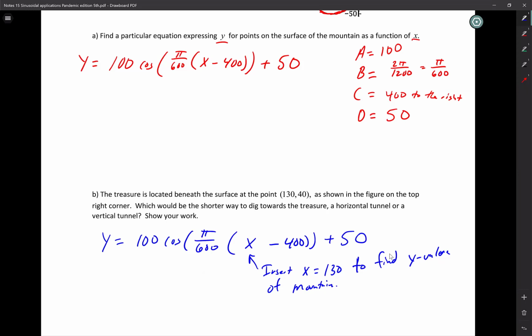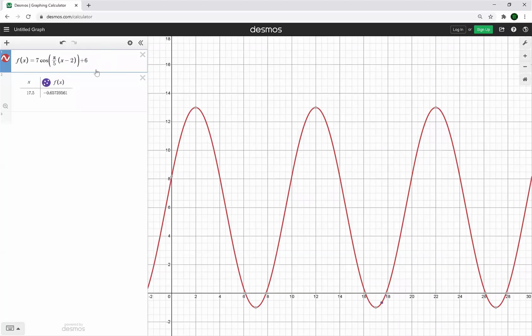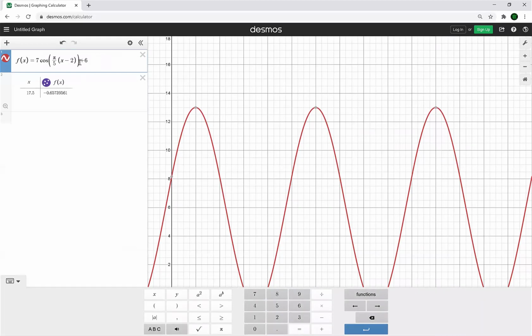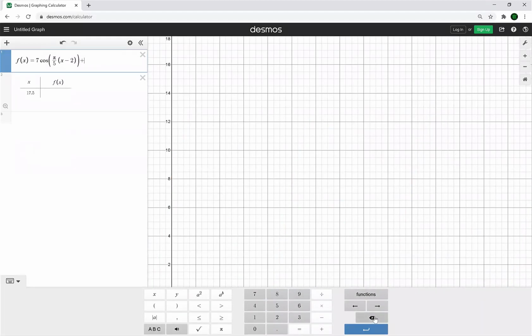All right, guys, you guys ready? I'm gonna go to Desmos for you visual learners. Here we go. I'm gonna erase this guy and put my new equation. So let's see what that equation is.